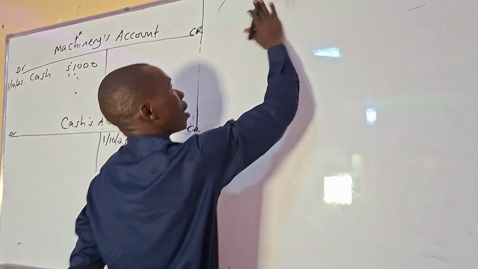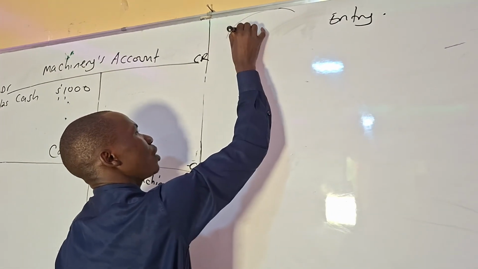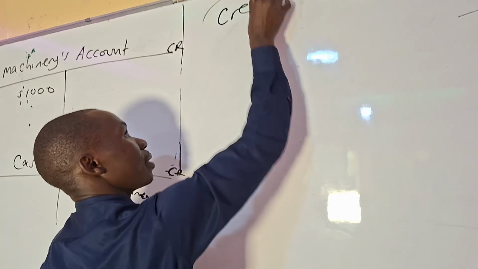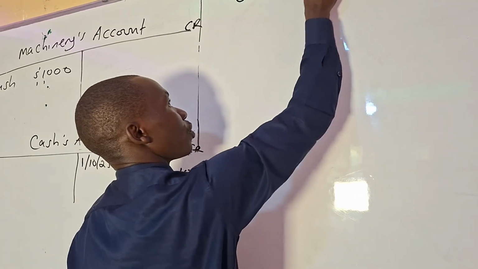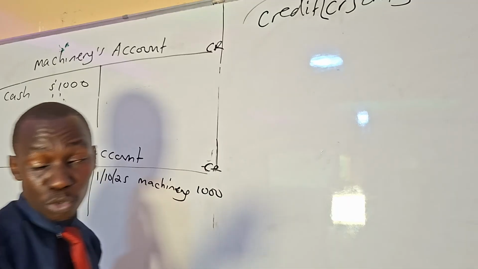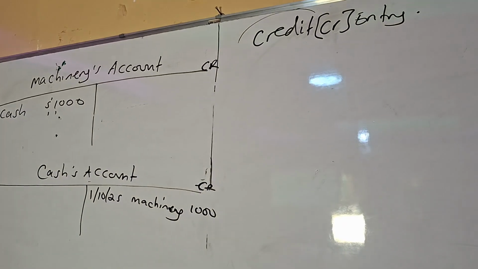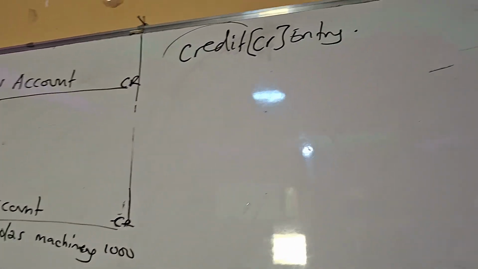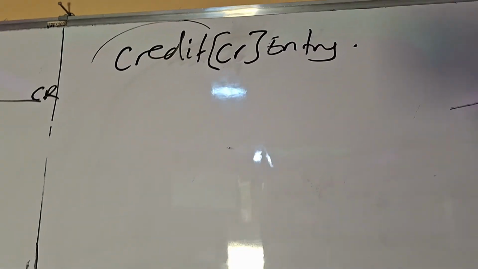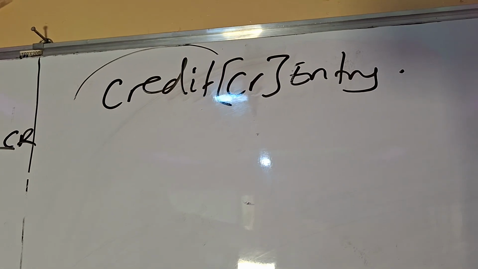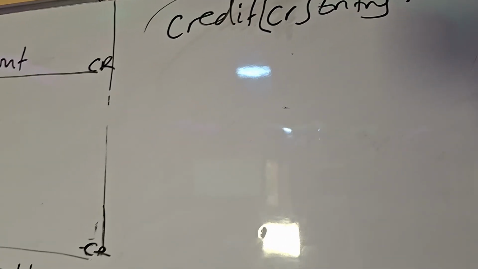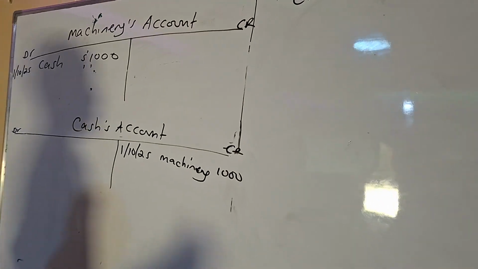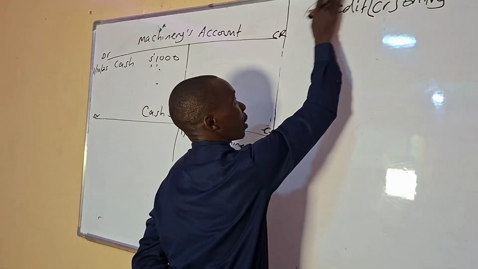So here we have credit entry, what we call CR. Please, starting from today, start to use DR, CR. People in the accounting profession, they know those abbreviations. They are standard ones and they allow CR, DR. It will show you understand accounting and you can grade pass.